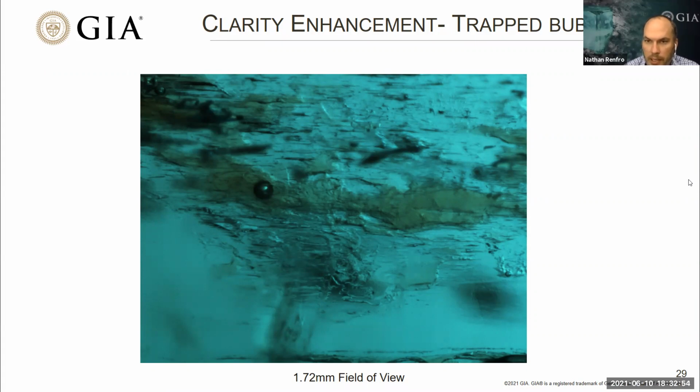So if you rely only on the fluid inclusions, it's possible to mistakenly identify an emerald as Colombian based on the fluid inclusions alone. And so in that way, we have to rely on the inclusions and the trace element chemistry to make sure that when we issue an origin for a Colombian emerald, that it is from Colombia.